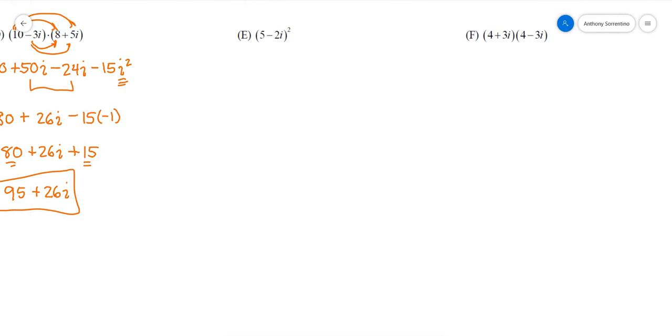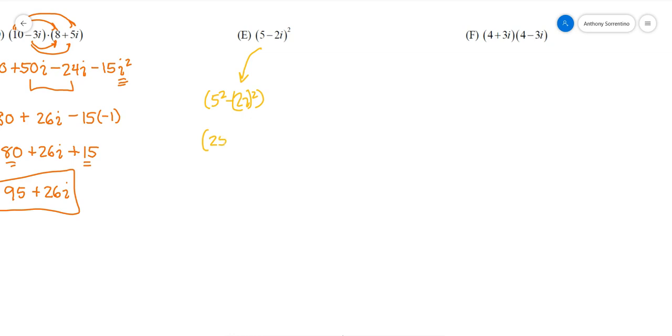5 minus 2i squared. A lot of students will do this wrong because they handle the squaring wrong. It gets back to some of the issues they had when they dealt with quadratics in general. There are two terms here, and a wrong way of handling it, which I'm going to do in a yellowish color. Some students would say, well, that's going to be 5 squared minus 2i squared. They do something like that.